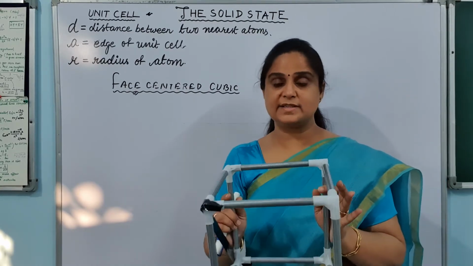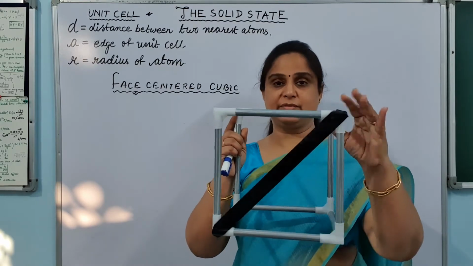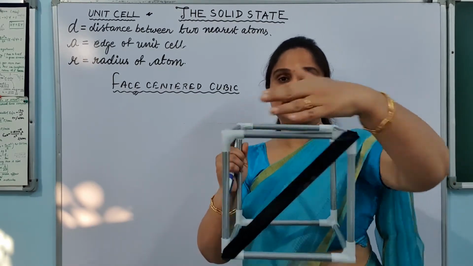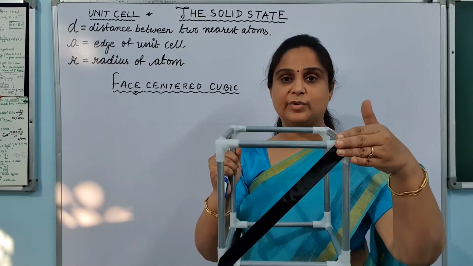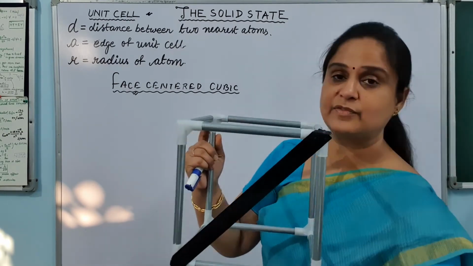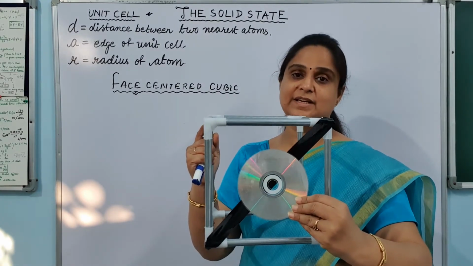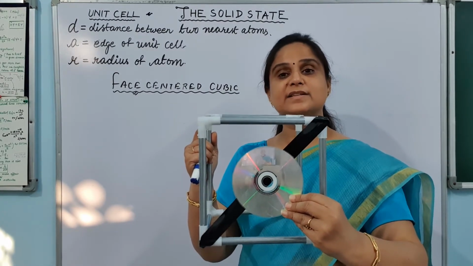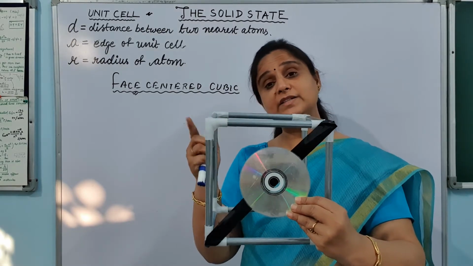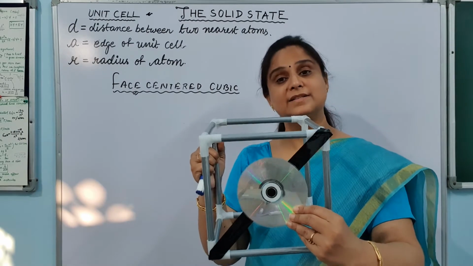On these faces we have one ball at the center. For example, if this is the face I am talking about: 1 ball, 2 ball, 3 and 4 ball. Apart from that, if I am using one ball at the center of this face, this is called face centered cubic, and each face will be showing one extra atom at its center.